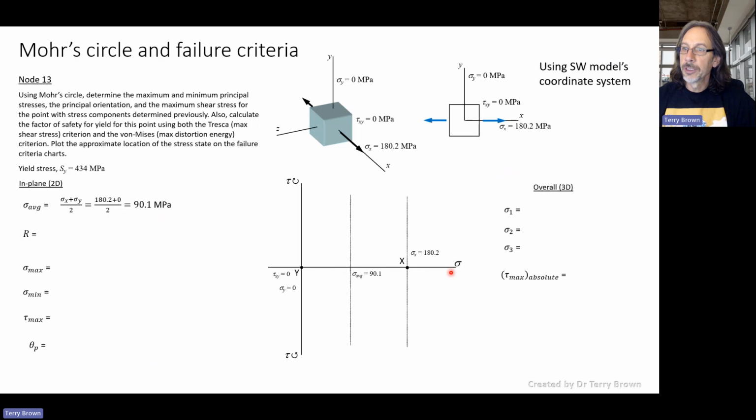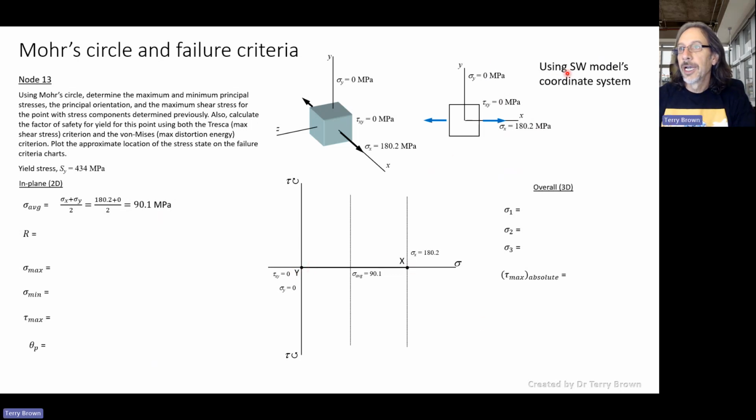So our two points on the chart are given by 180.2, 0 and 0, 0. All you're doing is plotting two points on a chart. Point X is 180, 0, which goes there. Point Y is 0, 0, which goes there at the origin.